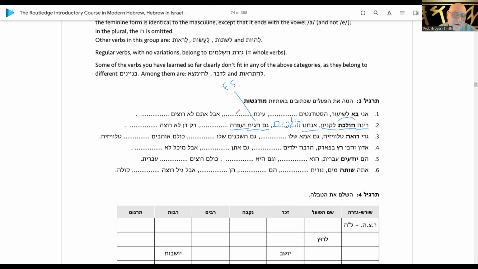Also Hagit ve Ofra. Now that's got to be a proper name. Let's see if I can get the pronunciation right.